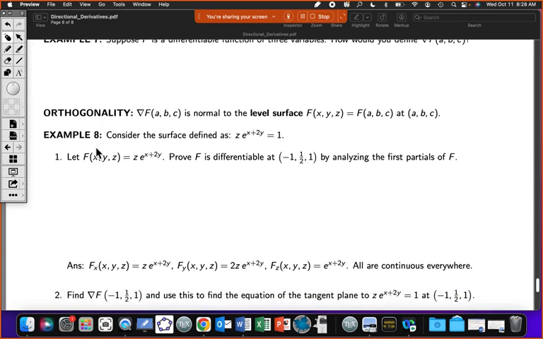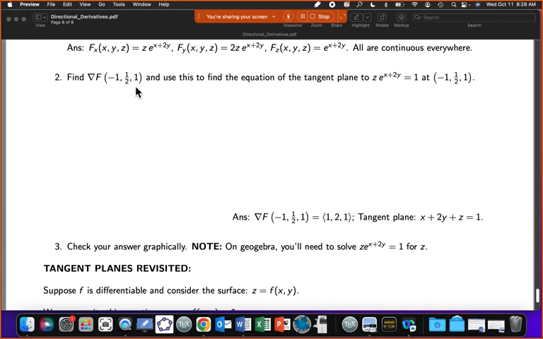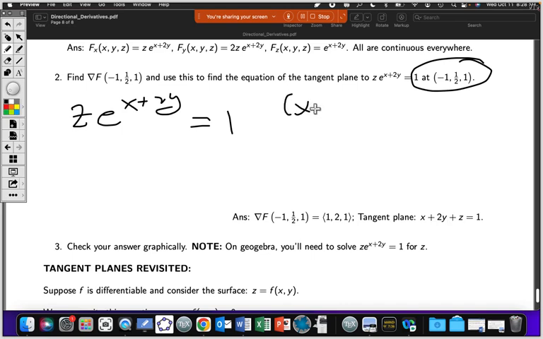Number two, find the gradient of f at negative 1, 1/2, 1, and use this to find the equation of the tangent plane of this surface at negative 1, 1/2, 1. Okay, so first off, if I look at this surface, z e to the x plus 2y equals 1, let's check to make sure that this point is really on it. So if I look at x, y, z is negative 1, 1/2, 1.